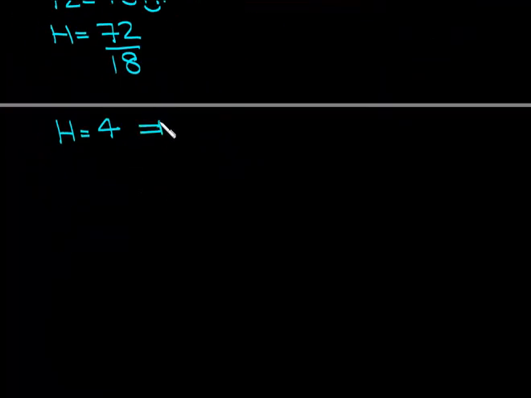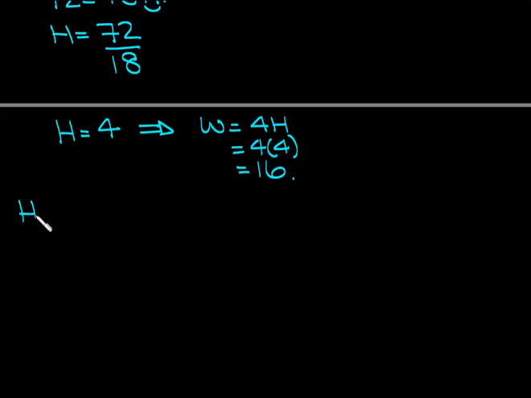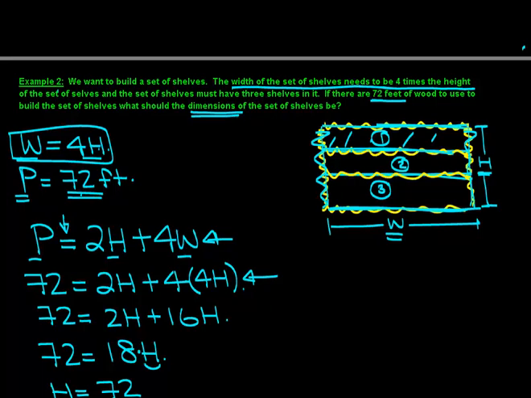So this would imply my width, which was given to be 4 times H, so it'll be 4 times 4, which would be 16. Now let's write an answer in a sentence. They've asked us for dimensions.